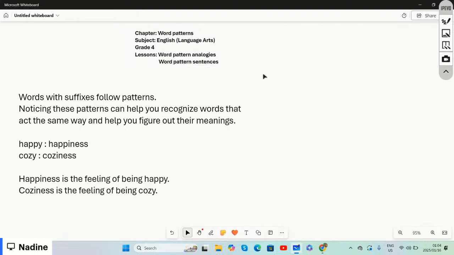And that is going to be our lessons for today under our chapter of word patterns.